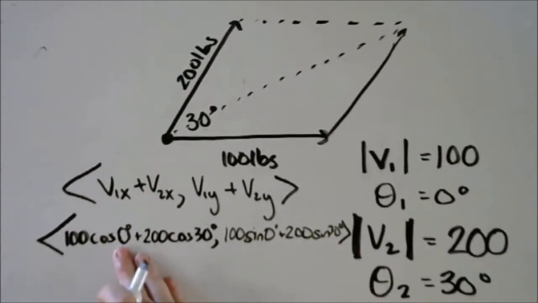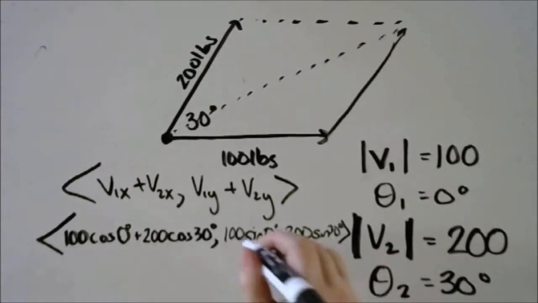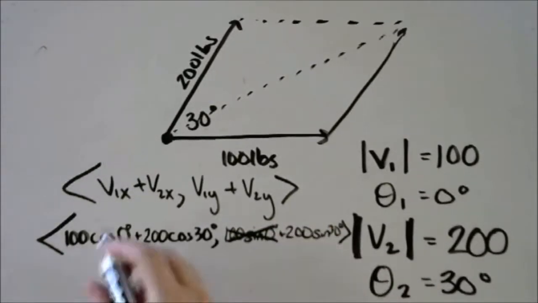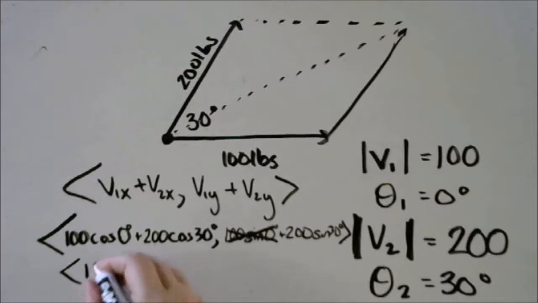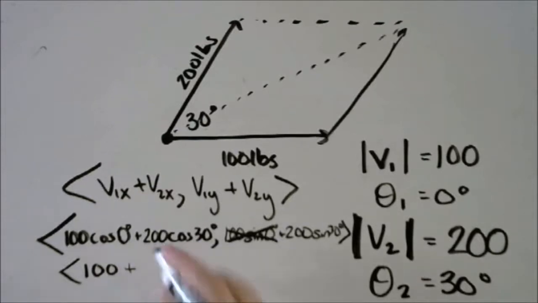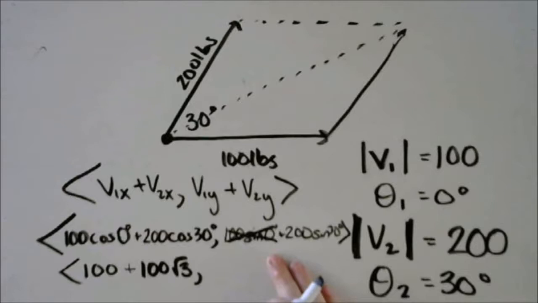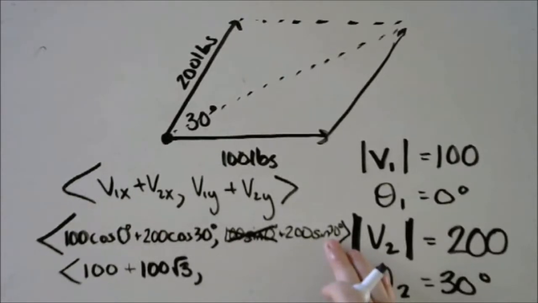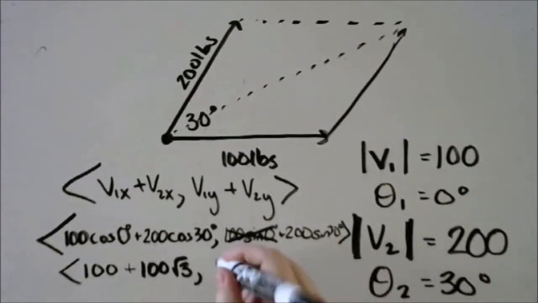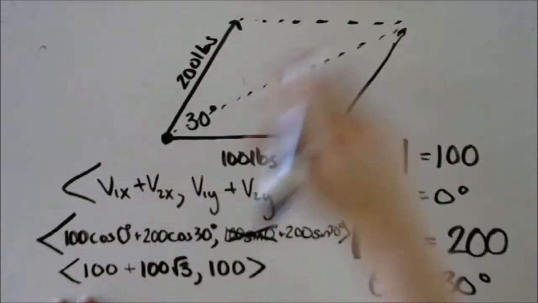I know cosine 0 is 1 and sine 0 is 0, so this eliminates, and this becomes 100 plus, well, cosine of 30 degrees is root 3 over 2. 200 times root 3 over 2 is 100 root 3. And over here, this eliminates. Sine of 30 degrees is 1/2. 1/2 of 200 is 100. So now I have exactly the component form of my resultant vector.